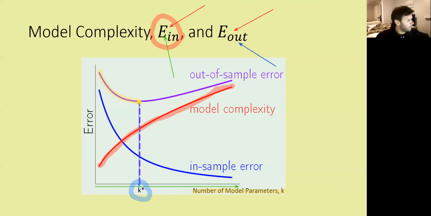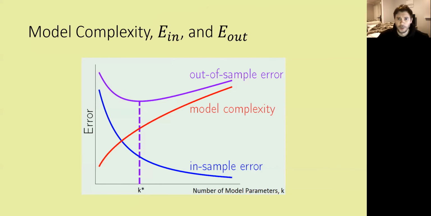First and foremost, it is possible for us, by increasing our model complexity, to arbitrarily reduce our in-sample error on the data. Because if we're introducing more complexity, we're making the model more flexible to be able to fit the data.